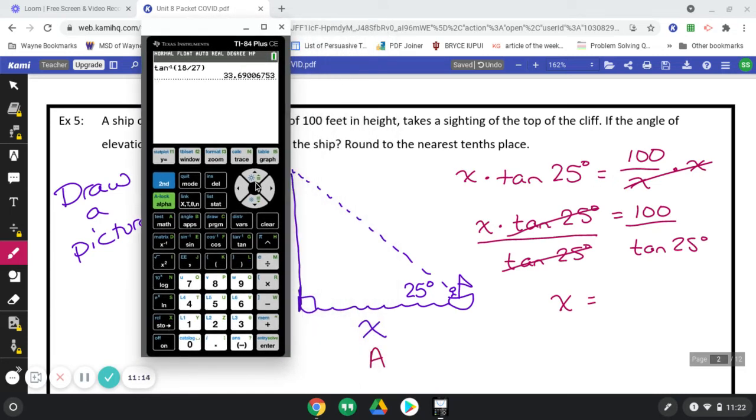Calculator still in degrees. And we'll type in 100 divided by the tangent. Notice I'm using the regular tangent button here, not tangent inverse. So the tangent of 25. They asked us to round to the nearest tenths place, so 214.4, and the 5 would bump that up. So 214.5, and we may as well put our label on it, feet.